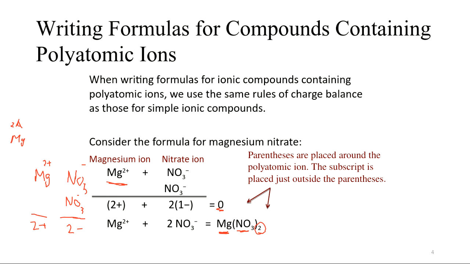So it will be Mg, and between brackets it's NO3, and the subscript will be outside here. Let's practice and see more examples so we can learn more about it.